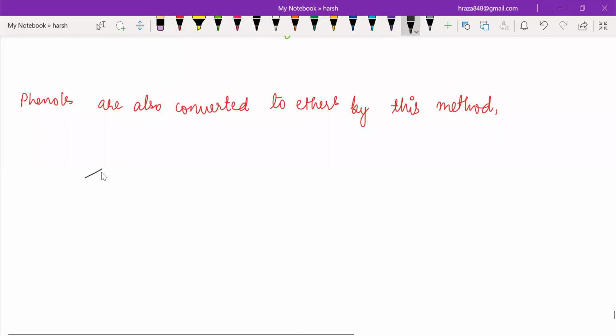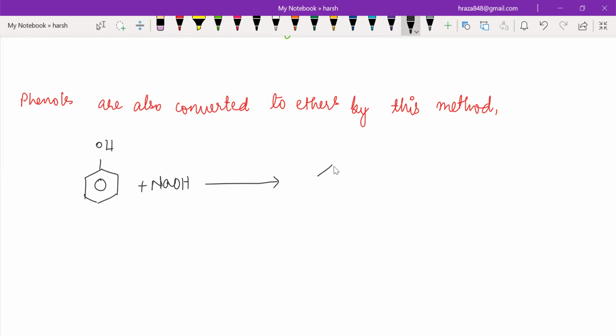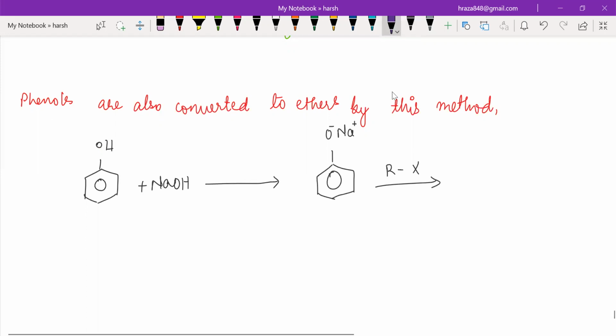So basically you can see, if you have a phenol and you react this phenol with NaOH, sodium hydroxide, alkaline, there will be a product, phenoxide, O minus Na plus, and then again you react this with RX.